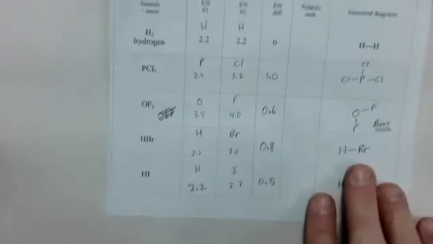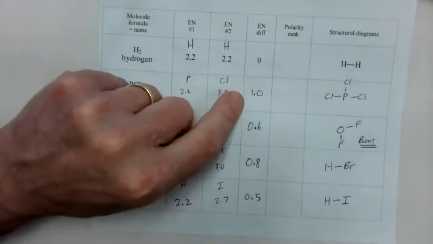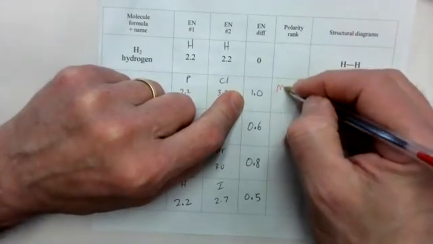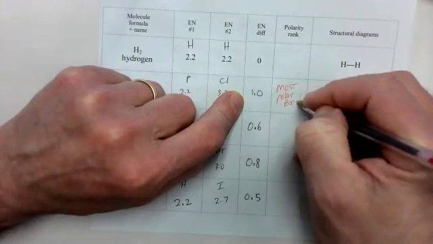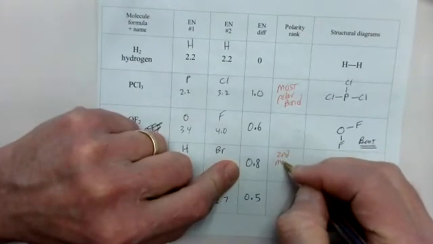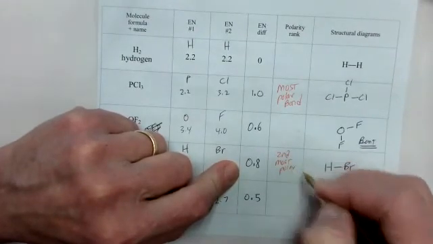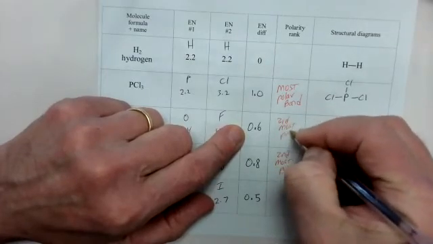Now, how do we know which of these bonds is the most polar to the least polar? Well, the greater the difference, the more polar. So this is the most polar bond. This would be the second most polar. This would be the third most polar.